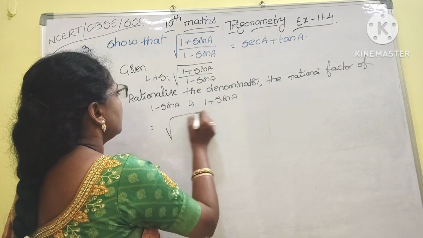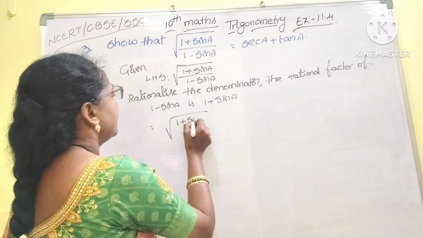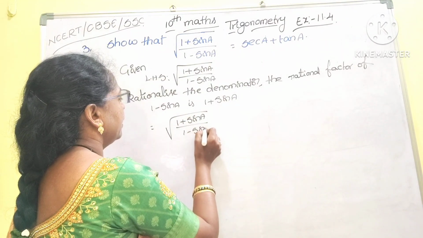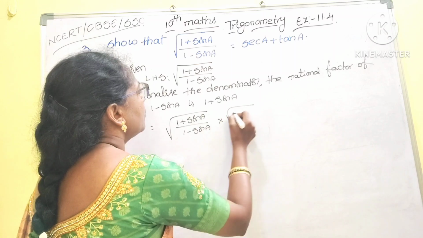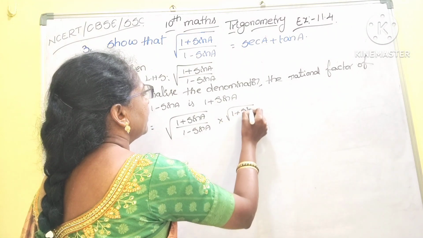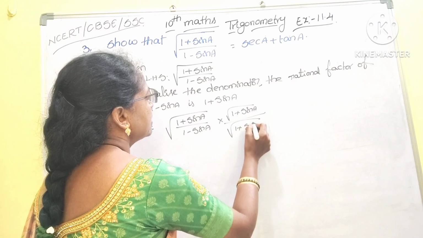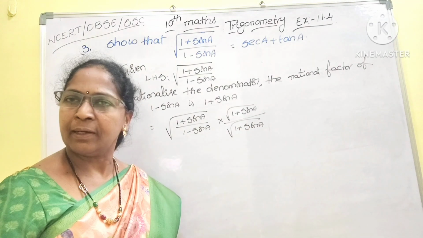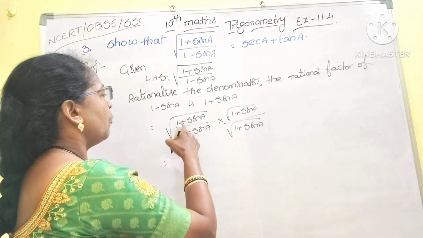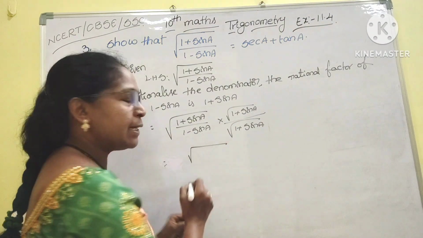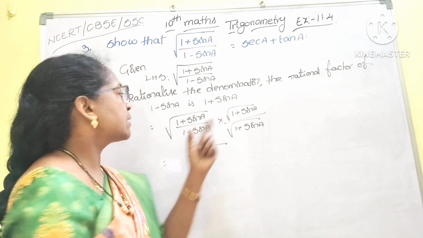So square root of 1 plus sin A by 1 minus sin A, into square root of 1 plus sin A by square root of 1 plus sin A. Now in the numerator, 1 plus sin A and 1 plus sin A are multiplied two times, so it becomes the square of the term.